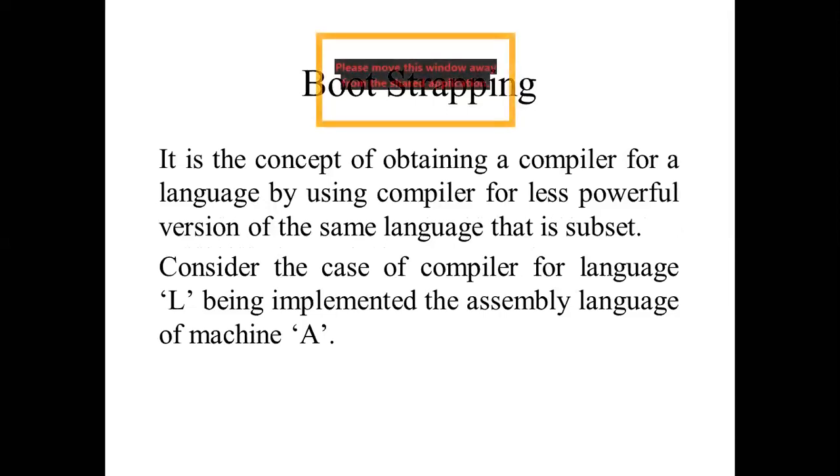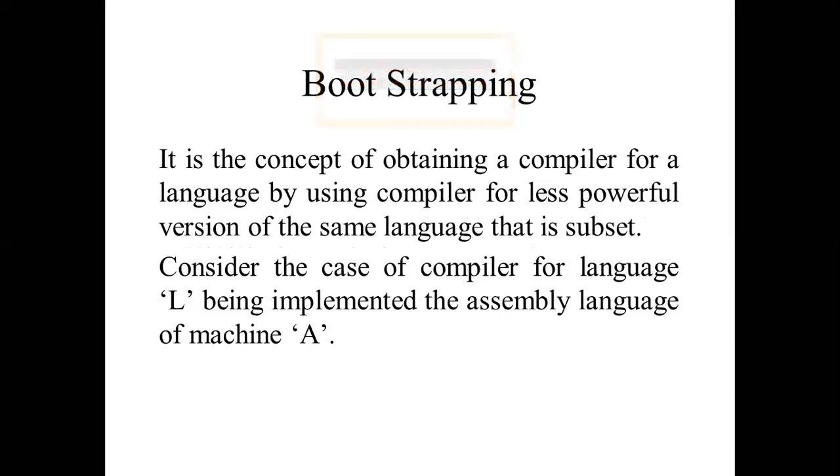What is bootstrapping? It is the concept of obtaining a compiler for a language by using a compiler for a less powerful version of the same language, that is, the subset. Now you have the idea about how to develop new software, new Windows, new system softwares. How can we develop the new software?